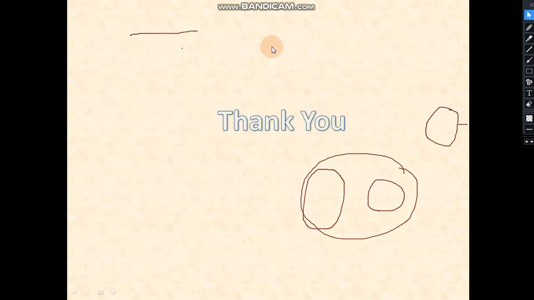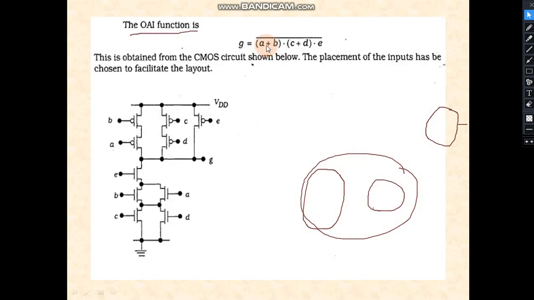The plus signs are OR operations, the dots are for AND operations, and this complement is for the inverter.